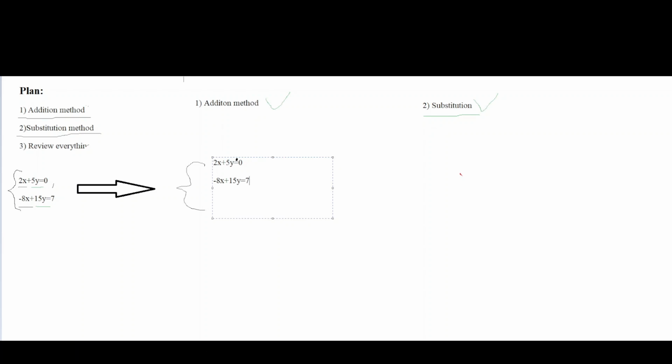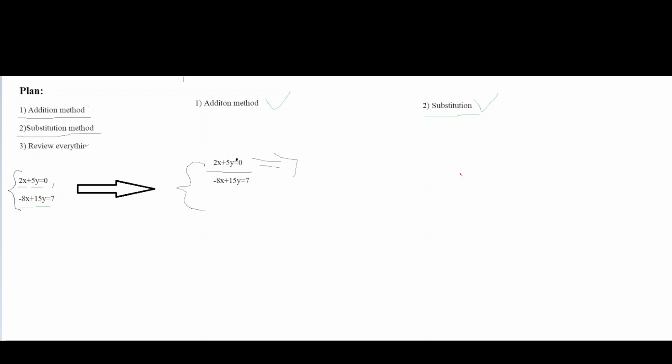So here what we do is just free the x or y. In my opinion, it will be better to free the x. We need to find the x itself, so we look at the first part of our linear equation.